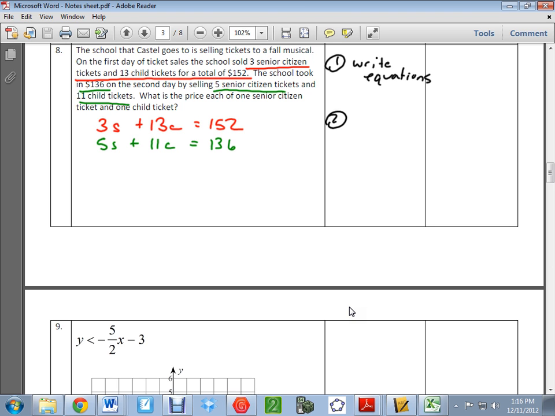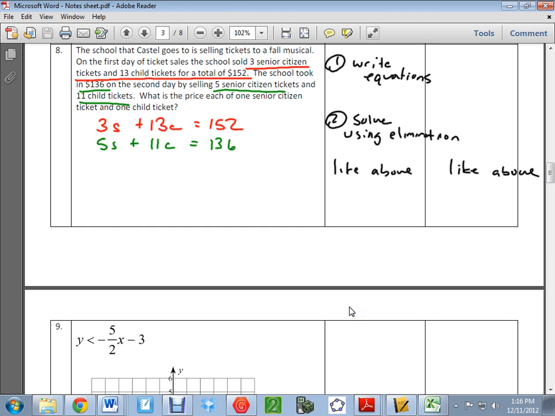The second thing is to solve using elimination, like we just did above. Your special cases are just like above as well, because it really is an elimination problem. It's exactly the same, just in some sort of context.